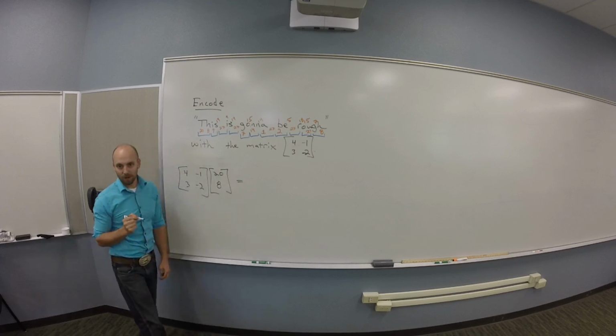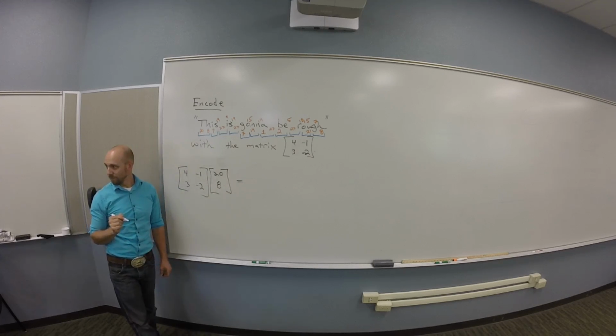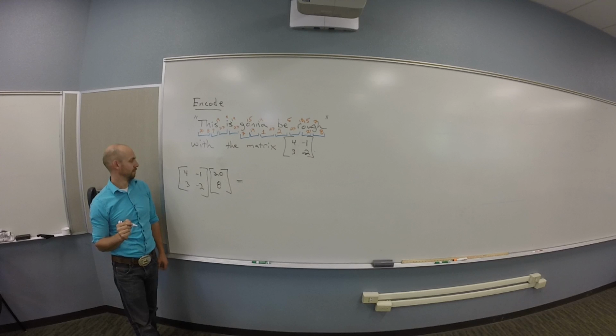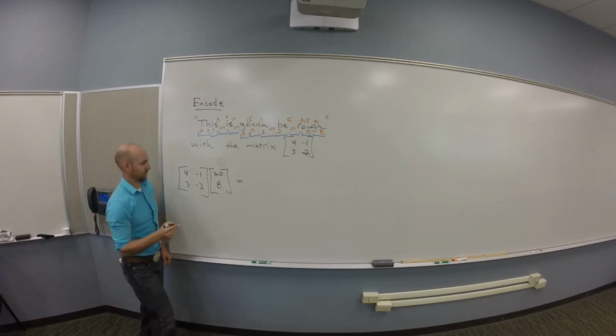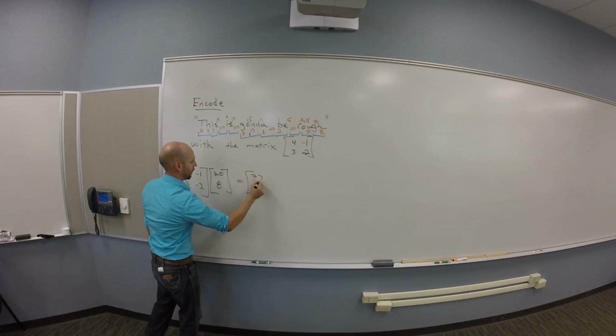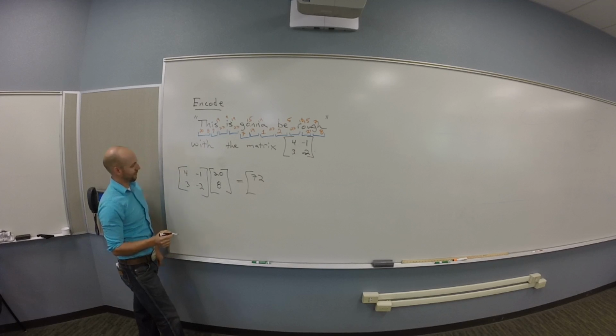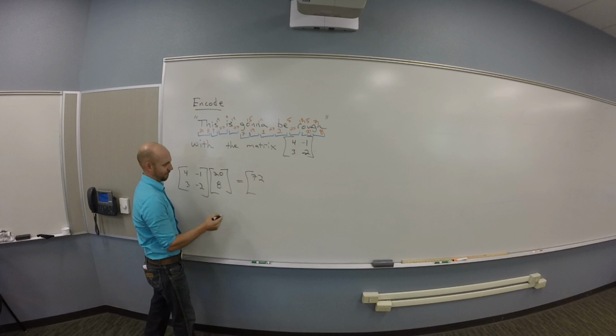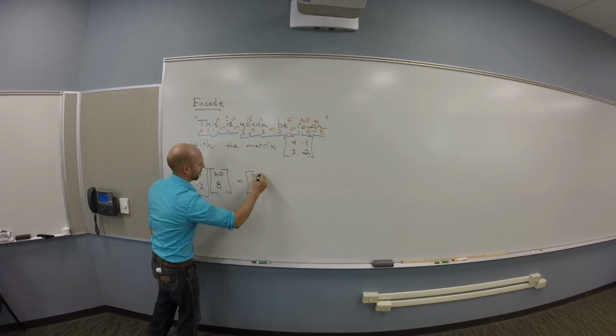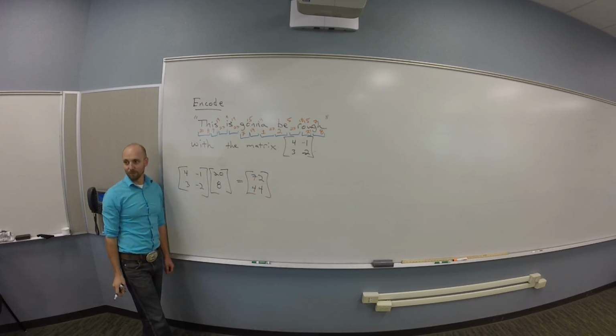So I get what? 80 minus 8 is 72, and 60 minus 16 is 44. And this is why cryptography is hard, because arithmetic mistakes abound.